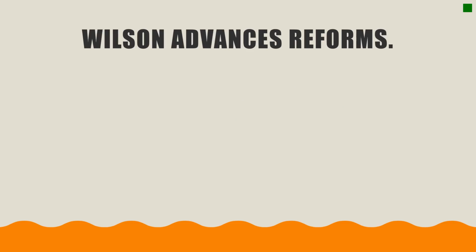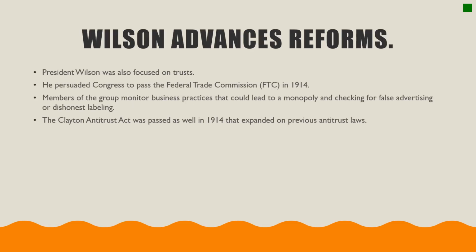So Wilson advances reforms. President Wilson also focused on trusts. He persuaded Congress to pass the Federal Trade Commission, or the FTC, in 1914. The job of this organization, which is still around today, is to monitor business practices that could lead to a monopoly and to check for false advertising or dishonest labeling.